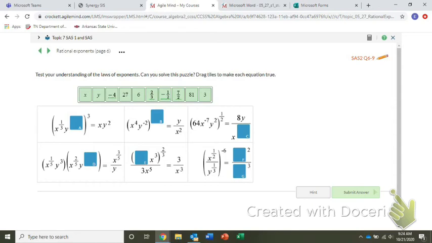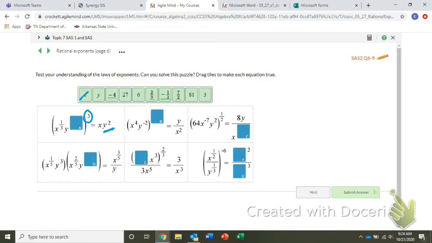All right, well, if you look at your answer for the y, you have a y squared. Okay, and we know we're going to have to use the power rule because it's got the power of 3. So out of my choices, does x times 3 give me a 2?